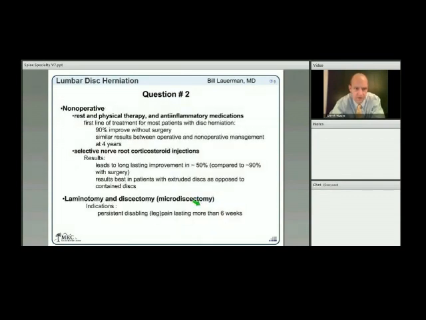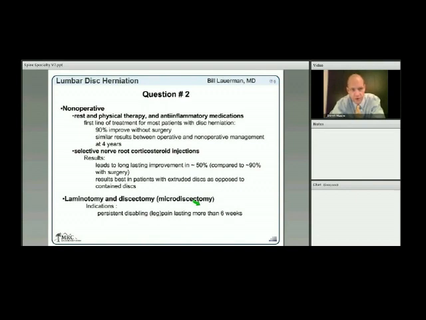In terms of the treatment of lumbar disc herniations, you have to break it down into non-operative and operative treatment. For the purpose of this test, for a lumbar radiculopathy, you really want to emphasize non-operative treatment, and it definitely should be your first line of treatment in the majority of cases.